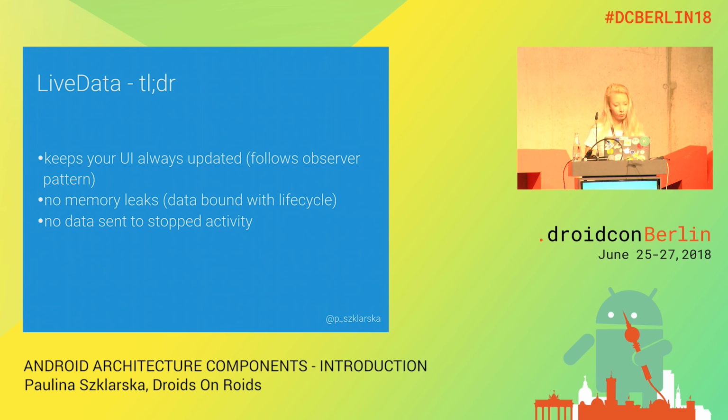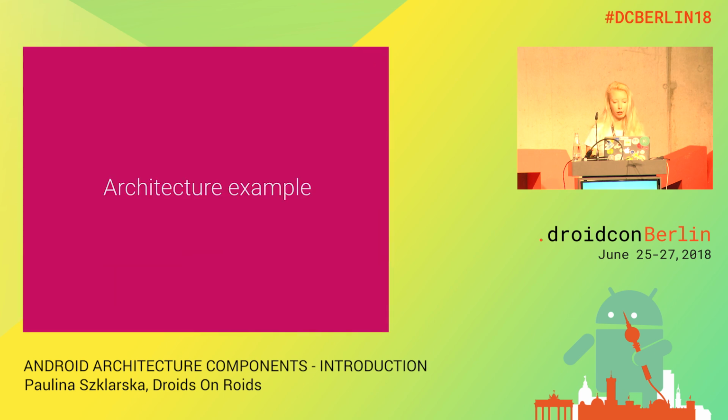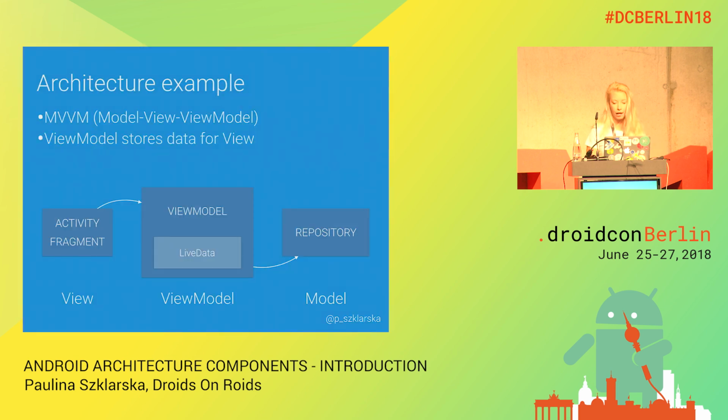I have a simple architecture example. I can show this very briefly. We can use architecture components in the simplest way, just MVVM architecture. In MVVM, we have model, view, and view model classes. View is, of course, our view, like an activity or fragment.